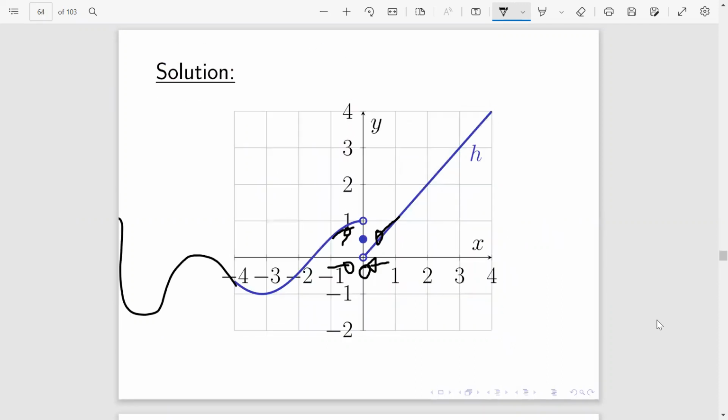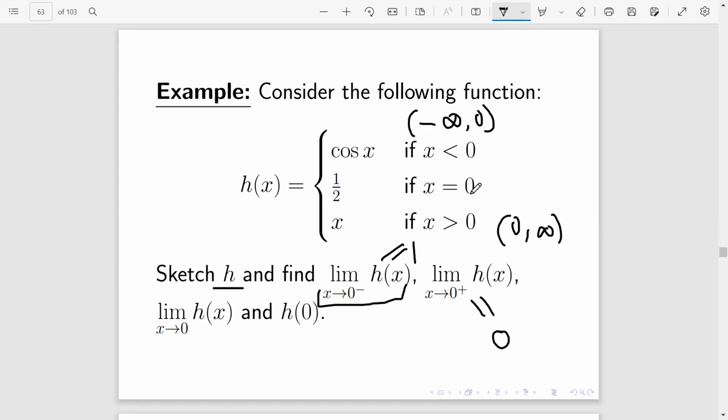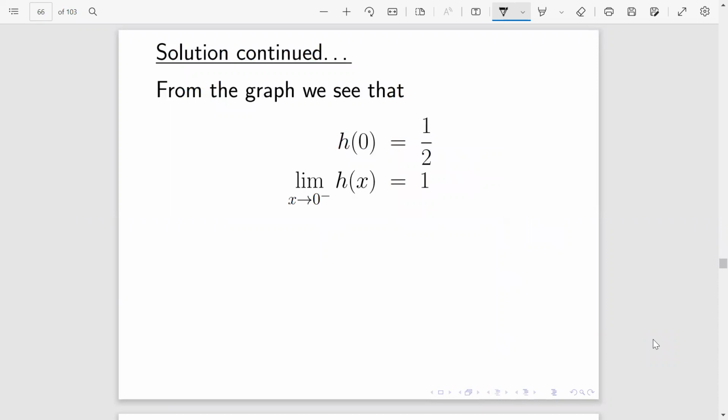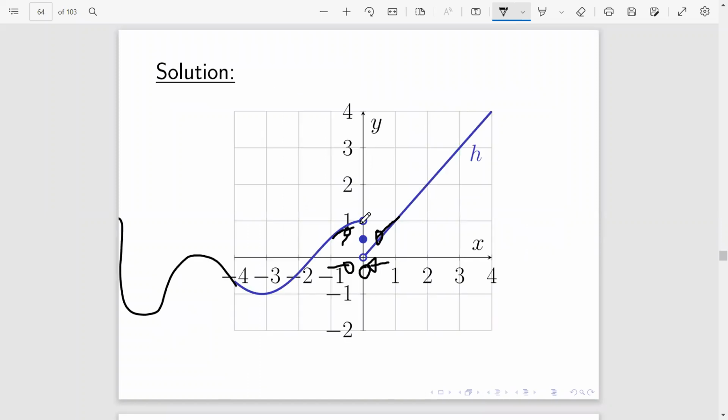And again, remember that the function is defined: when x is 0, it is equal to half. So h of 0 is equal to 1 over 2, because we are told that when x is 0, h is given by half. But the limit as x approaches 0 from the left is 1, because the y values are increasing, approaching 1.